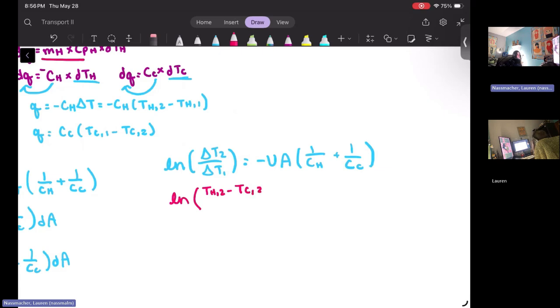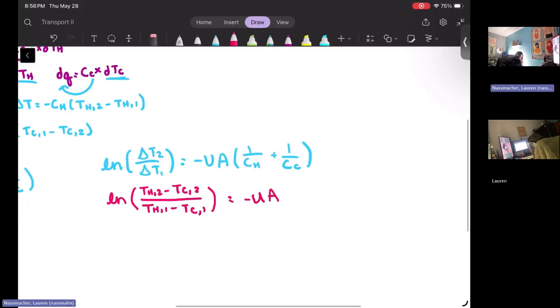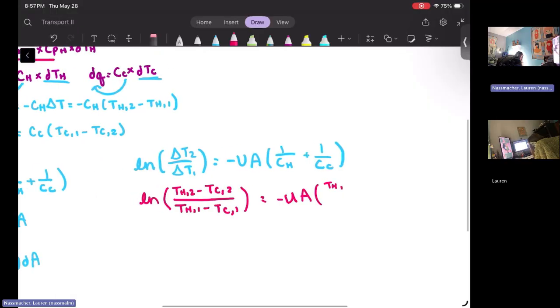We're doing the change in temperature 2, and he's taking away from the cold. So then this one is just with regards to the first part. And that's equal to negative universal heat transfer coefficient multiplied by area multiplied by TH2 minus TH1 divided by Q.